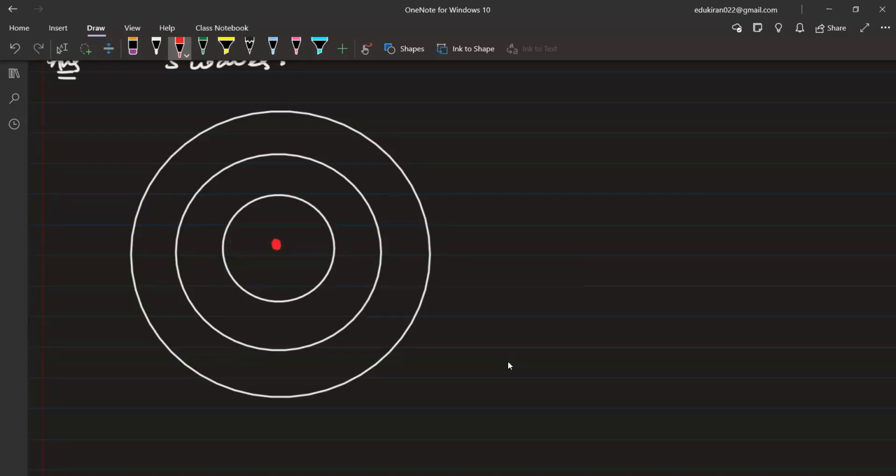Here we have a tiny nucleus. And let us suppose that we have a certain electron on this particular orbit.